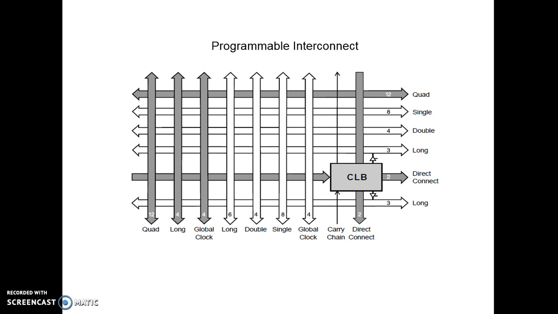It is possible to connect a CLB to another that's more than 1 hop away using single wires, but they have to go through a programmable switch for each hop, which adds delay.